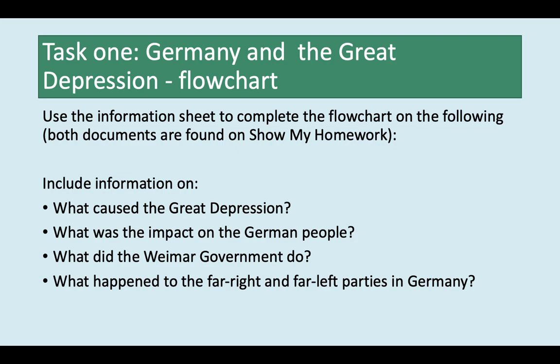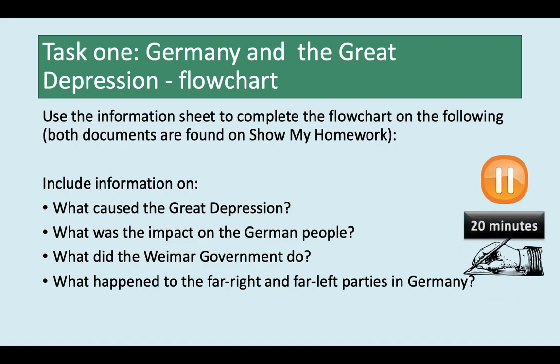And finally, what happened to the far right and far left parties in Germany as a consequence of the Great Depression? So use the information sheet on Show My Homework and complete the flowchart. That should roughly take you about 20 minutes. So if you can start to complete your flowchart now, that would be absolutely fantastic. You can pause the video.